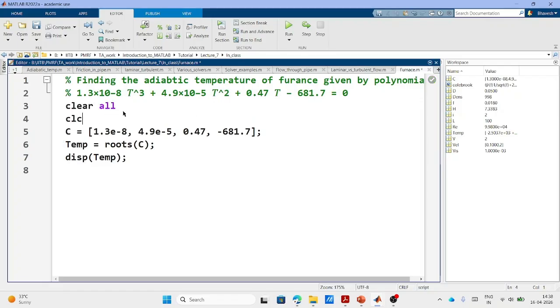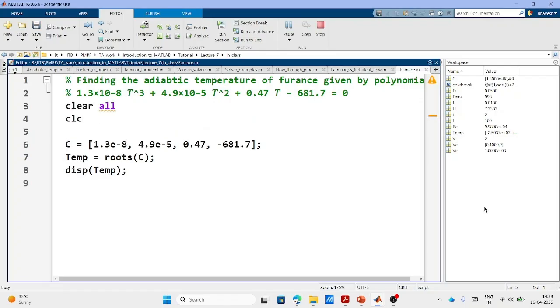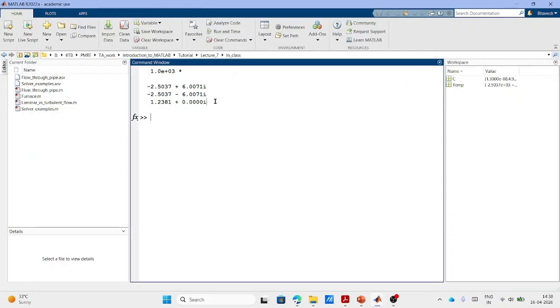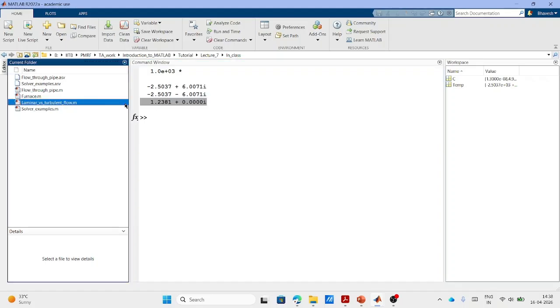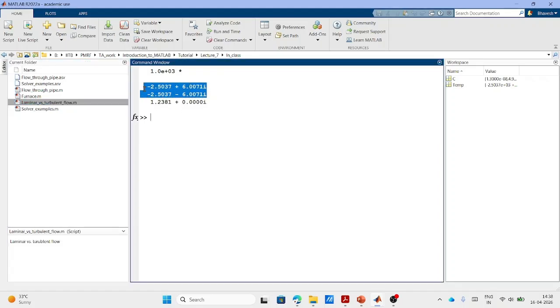Clear all, clc, and run it. So these are the values. Now here you see there are 2 values which contain the imaginary part, right? Since it's a cubic equation, you will get 3 solutions. Out of the 3 solutions, one is the real solution and the rest 2 are imaginary solutions. Why is this a real solution?